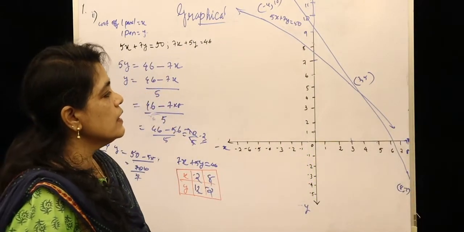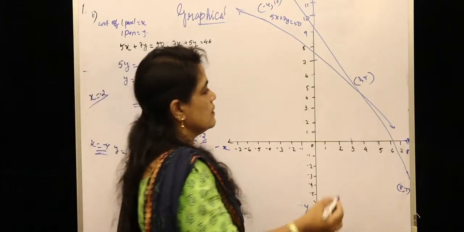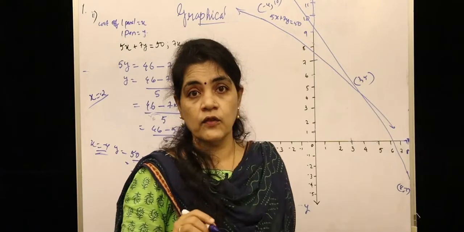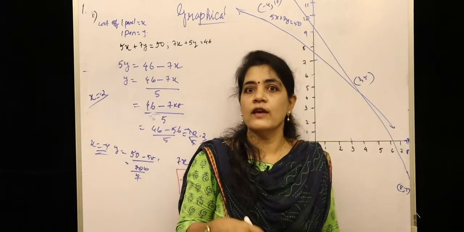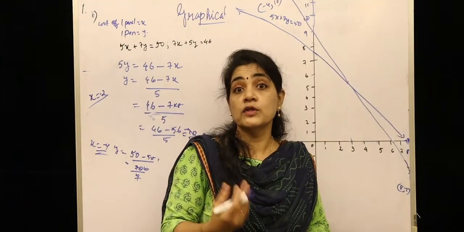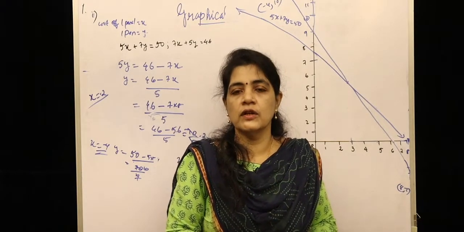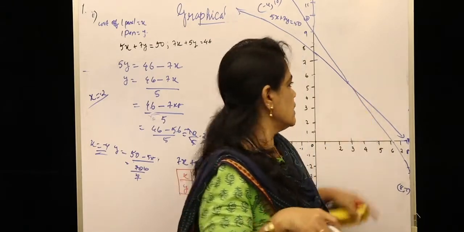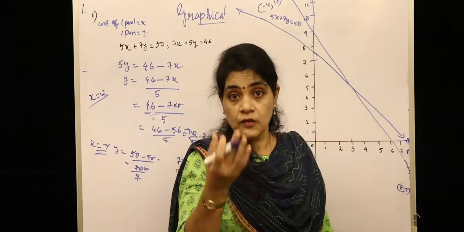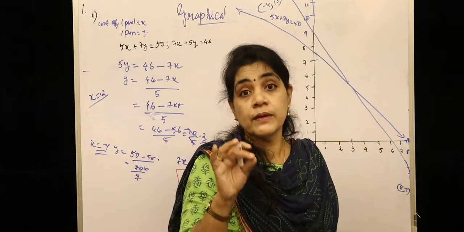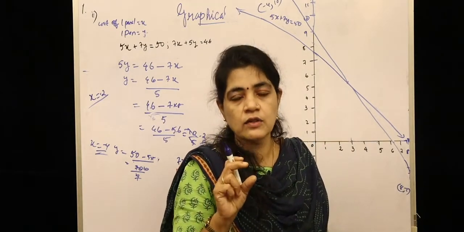See where this point intersects, and that corresponding value will give you the values of 1 pencil and 1 pen. Now we are going to mark the point of intersection and see where this graph gets intersected. I have drawn roughly, children. If you draw on your graph sheet, you will get the correct values of x and y.